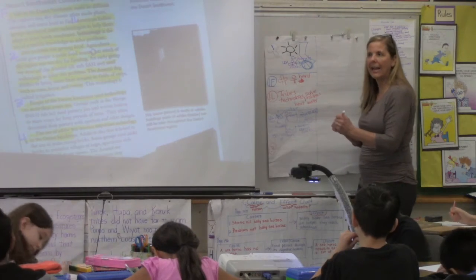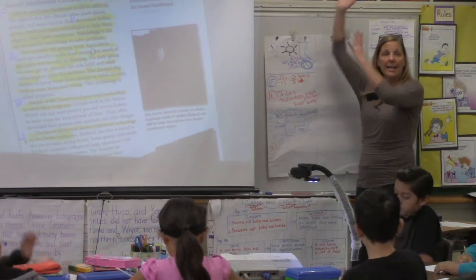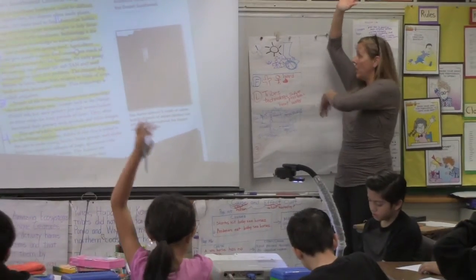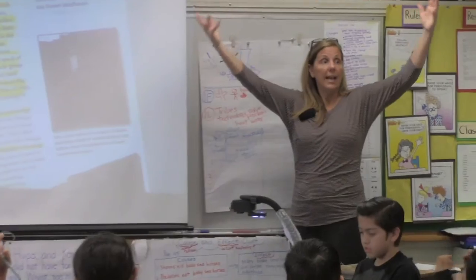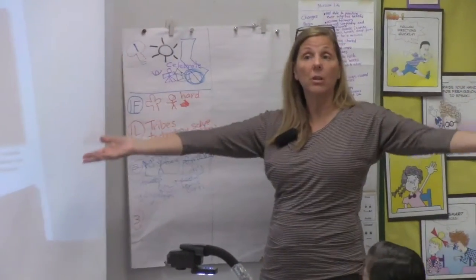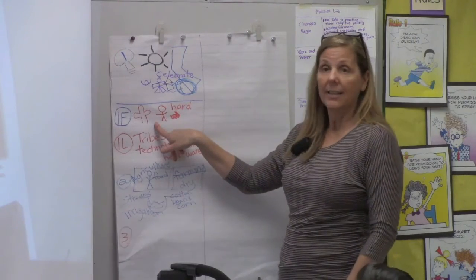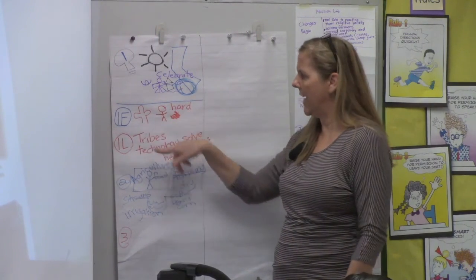Let's go back and let's read our notes. Are you guys ready? In the southwest region of California, the desert, people had their own culture. The desert was a harsh, difficult place to live.